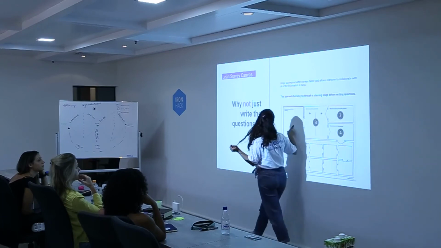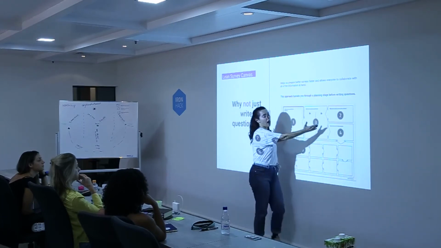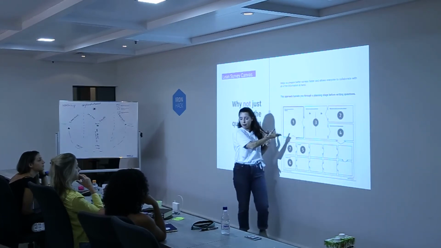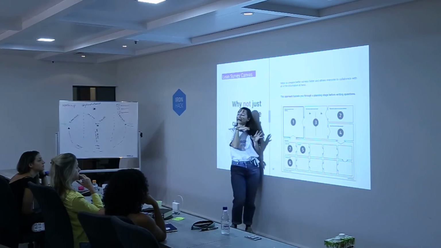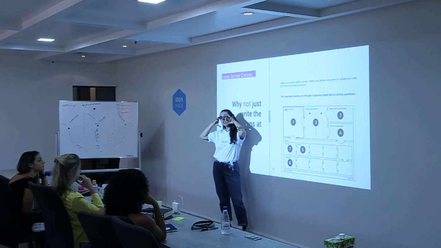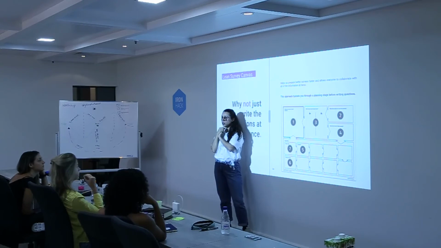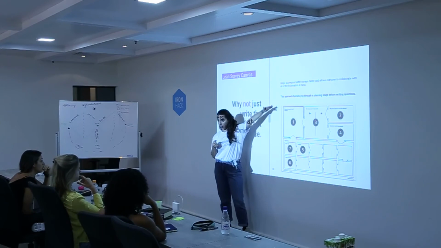So all of the above parts of the canvas are some questions that will put you in the situation, right? That will anchor the purpose and the objective of this survey. It's not your actual survey.